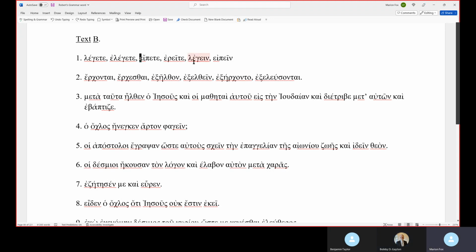Legein is present. This is someone doing it, like someone who's working at it. He's speaking. He's a speaker, basically. And this is someone who just speaks, says something. Maybe he just says one sentence or one word or something like that.